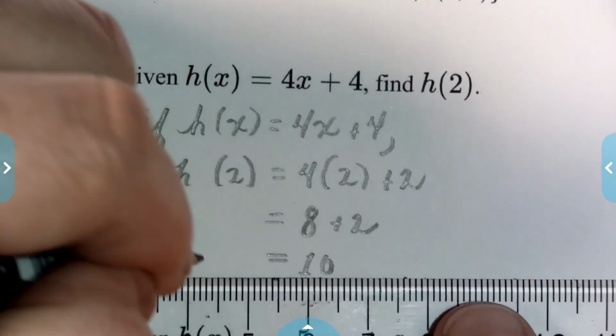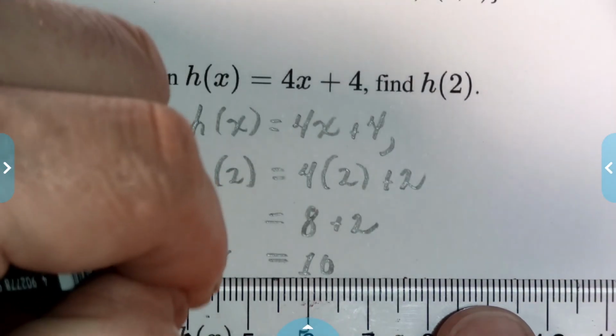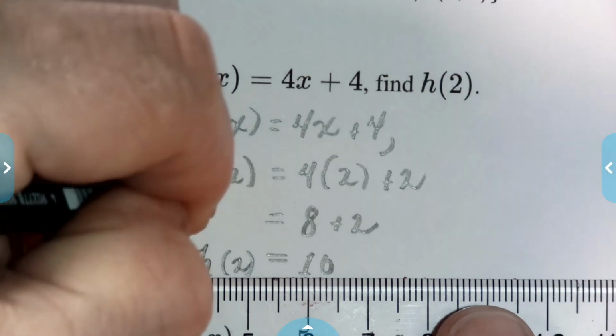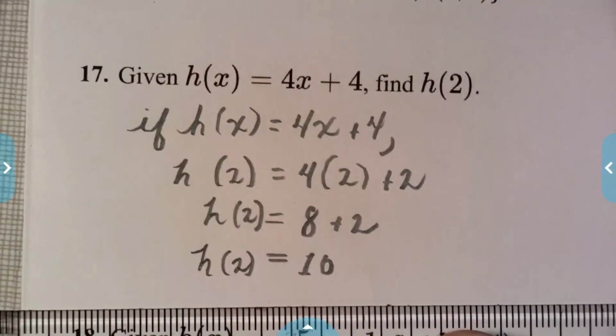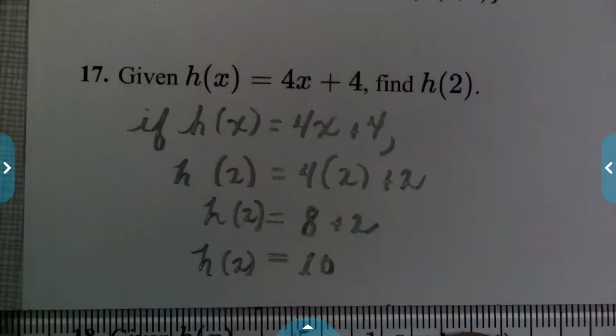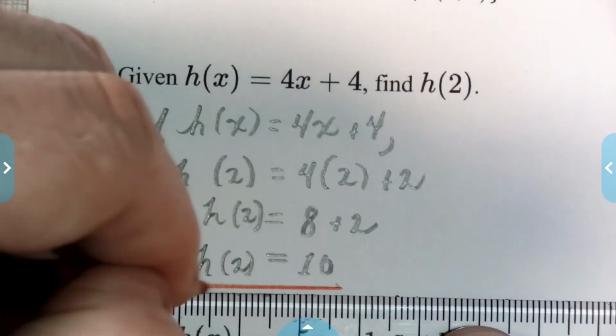So this is h of 2 equals 10. Okay, so we'll put that in a box.